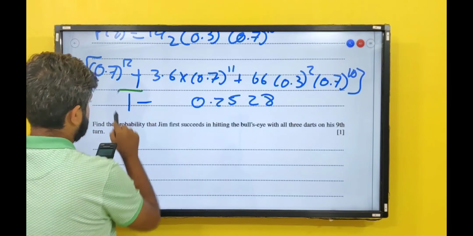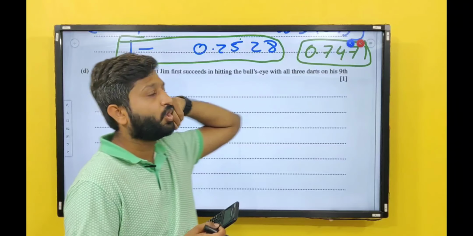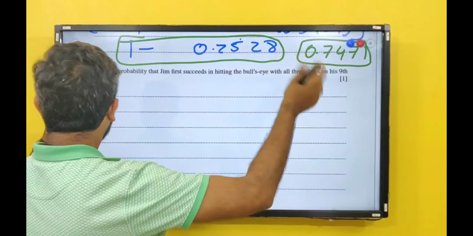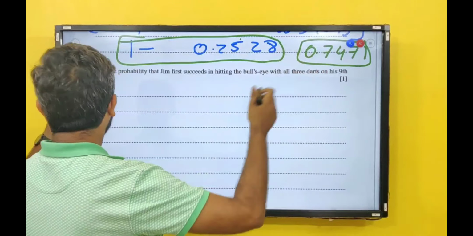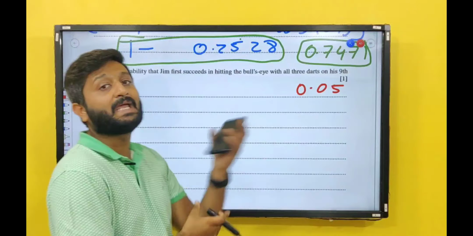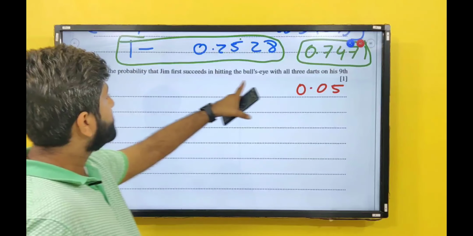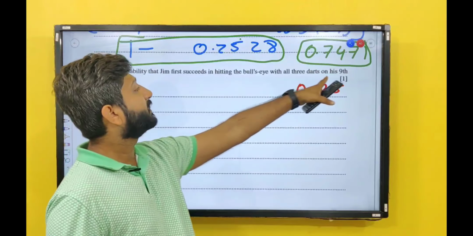turn. So he wants to hit bullseye on all 3 darts. I think the probability to hit bullseye on all 3 darts is 0.05. But Jim wants this on the 9th throw. So find the probability he first succeeds in hitting all 3 darts on the 9th throw. So for the first 8 throws, he is not going to hit 3 bullseyes, which is 1 minus 0.05 for the first 8 throws.